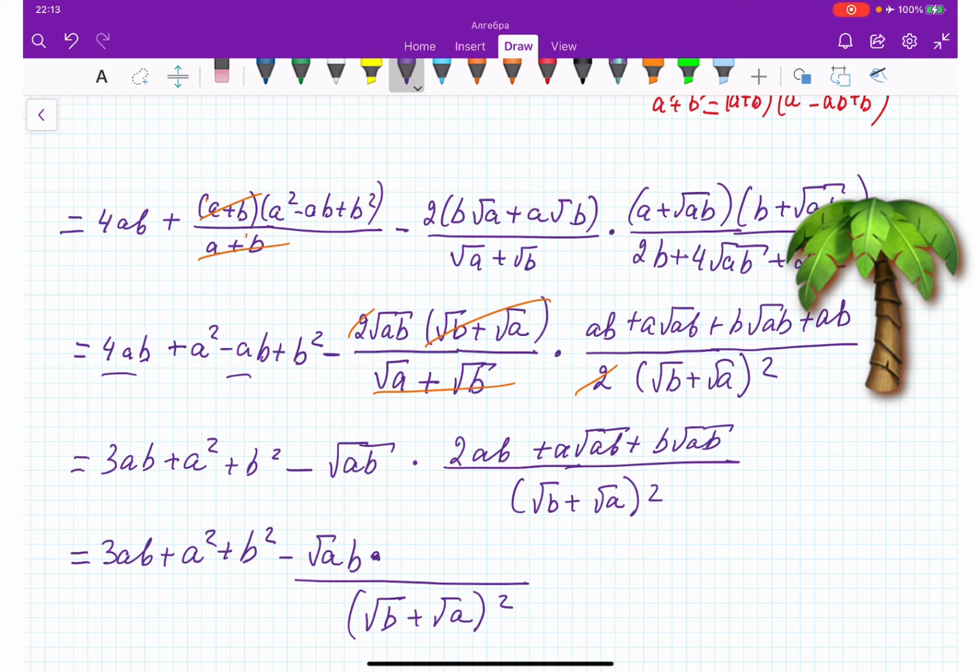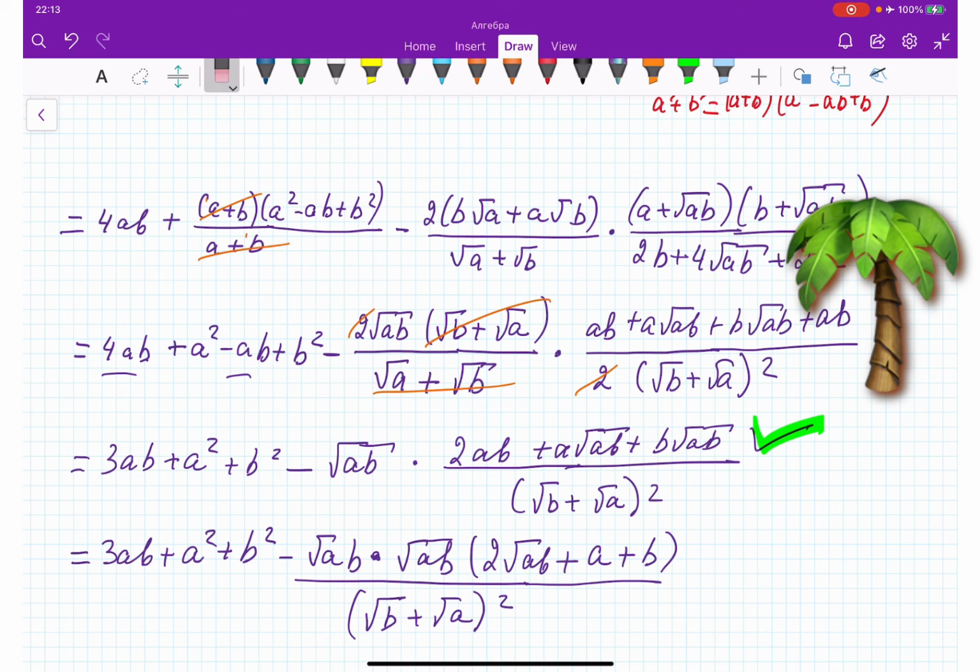Now in the numerator, I'm going to take also square root ab out. So from 2ab, if I take square root ab, I will have left 2 square root ab, right? Next, a square root ab, I'm doing this one, guys, just so you won't wonder. If I take square root ab, it's going to be a left over, and here will be b left over.